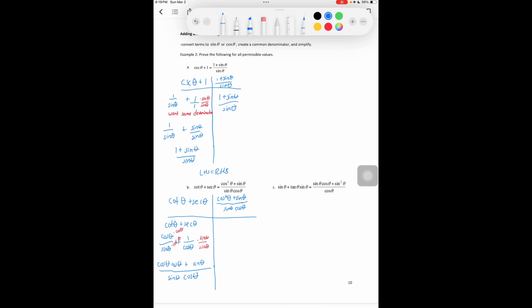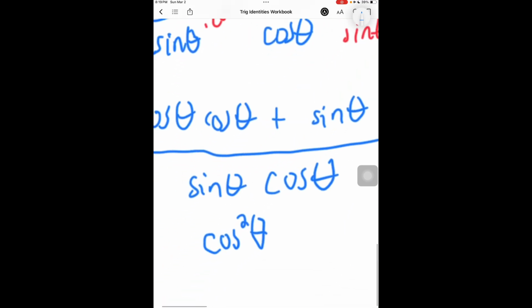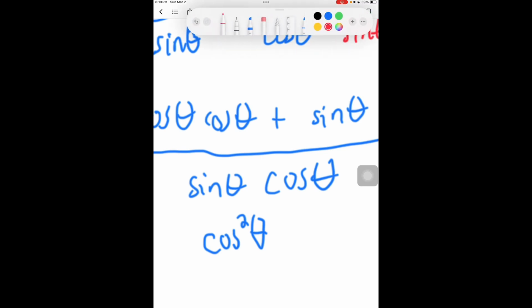So here, cos theta times cos theta, that's the same thing as cos squared theta. So remember, put the square here in front of theta. That means cos squared theta. Do not write it over here. This is wrong because you're saying that's theta squared.